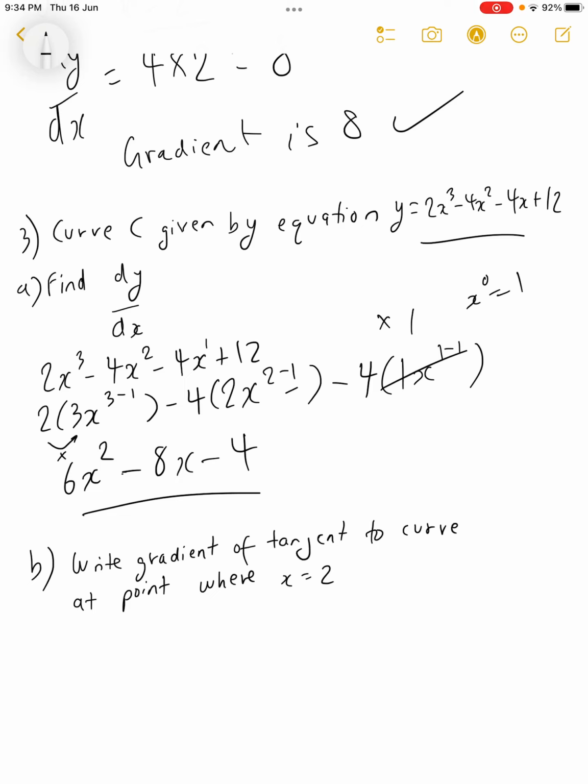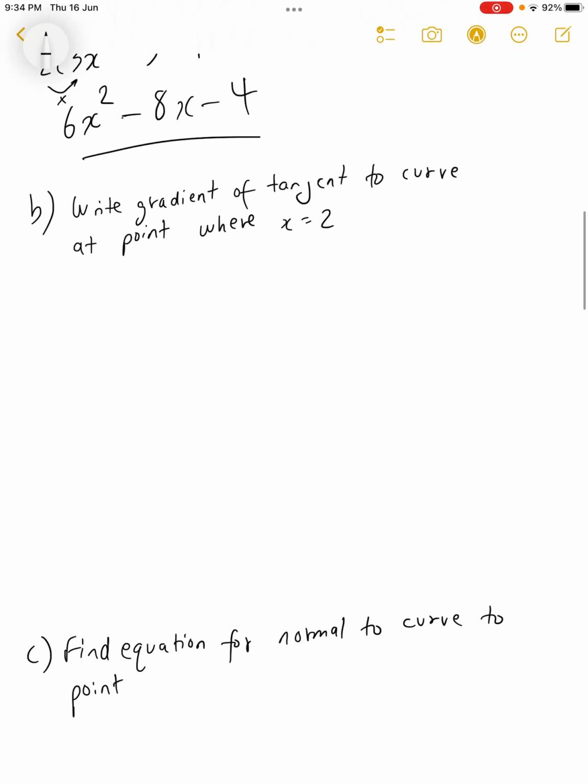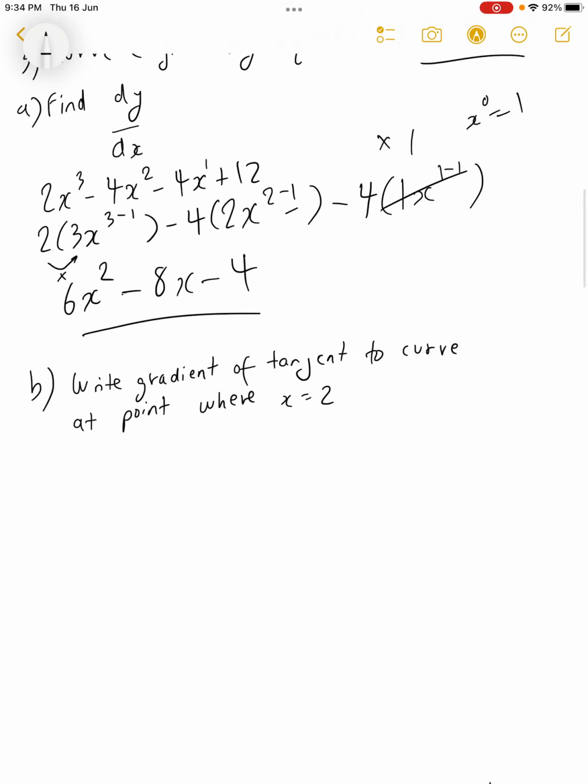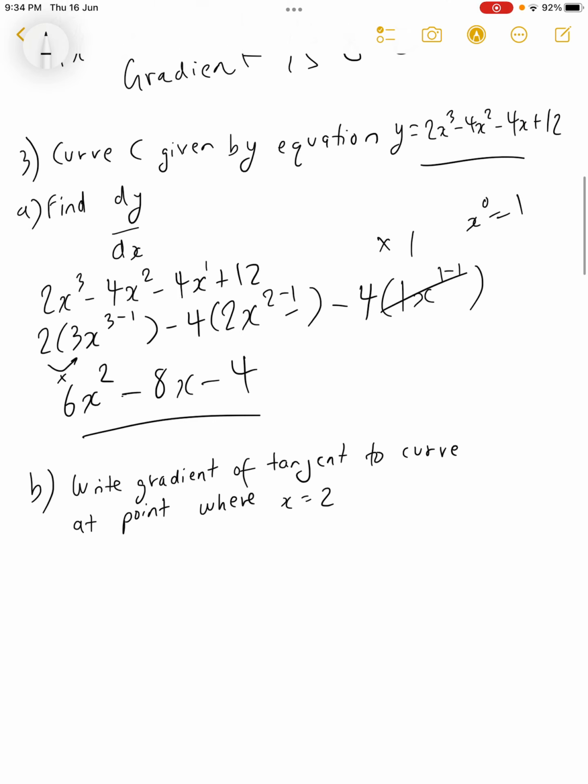Once you have found the derived function, you should be getting that. Now your next step is to write down the gradient of the tangent to the curve at the point where x is equal to 2. Since we have found out what dy by dx is, you're going to write that equation down, 6x squared minus 8x minus 4.